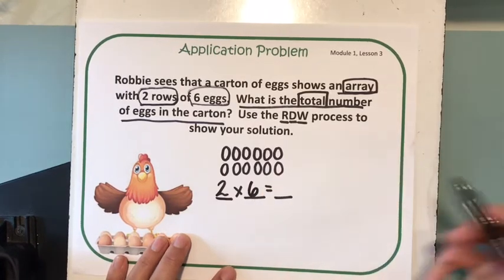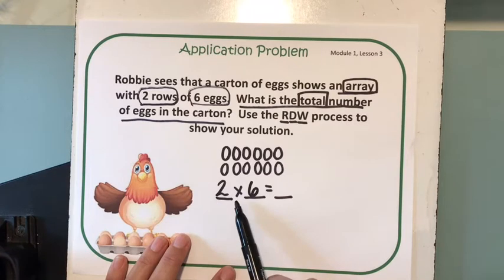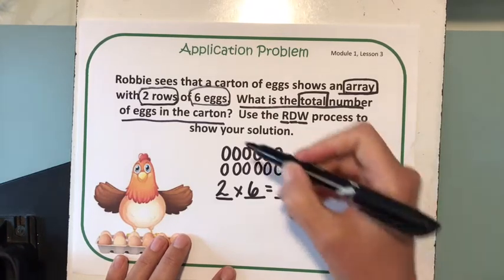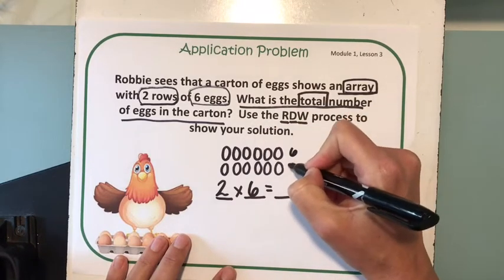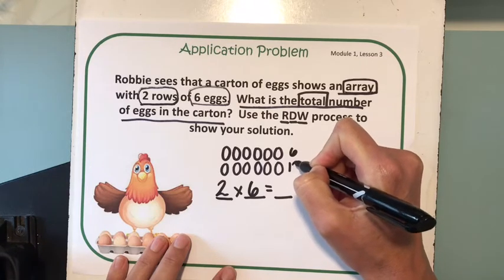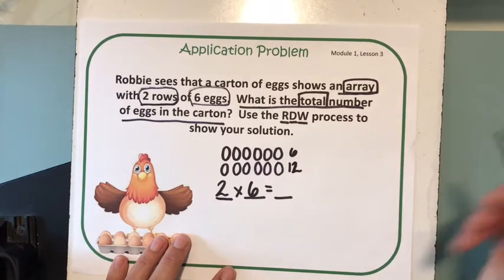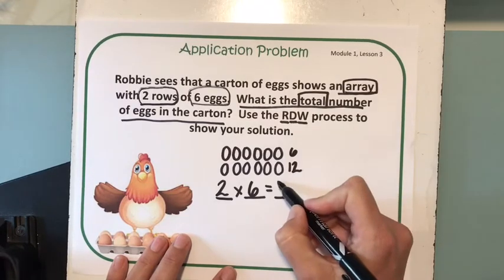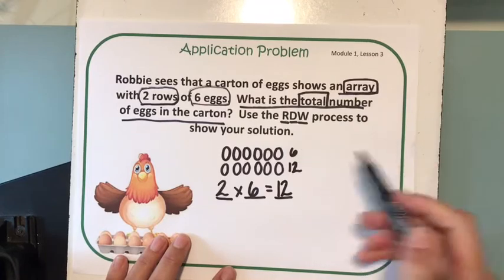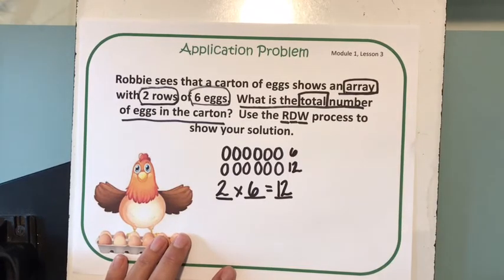So to solve this, I'm going to do 2 times 6. Well, I know I can skip count by 6s to find my total. So here's 6. And then after that is, does anybody know? 12. Good. So our total is 12. Now I solved my problem, right? I know that the total number of eggs in this egg carton is 12.